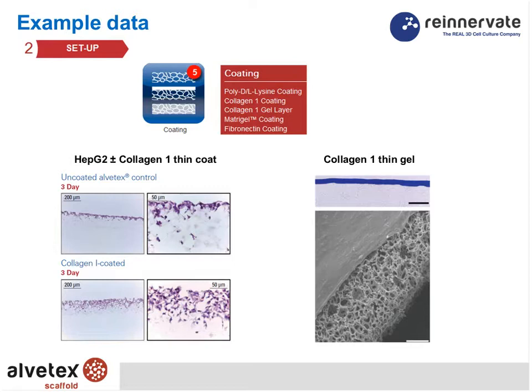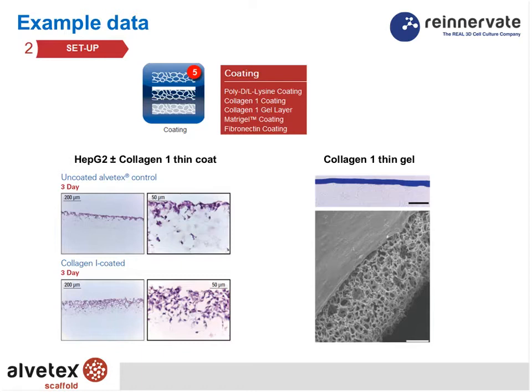The left-hand image shows cell growth patterns of HepG2 cells seeded onto scaffold, either treated or untreated, with a very thin, non-gelling layer of collagen 1. And what we find with this cell type is that a coating such as this will increase the rate of penetration of cells into the scaffold.